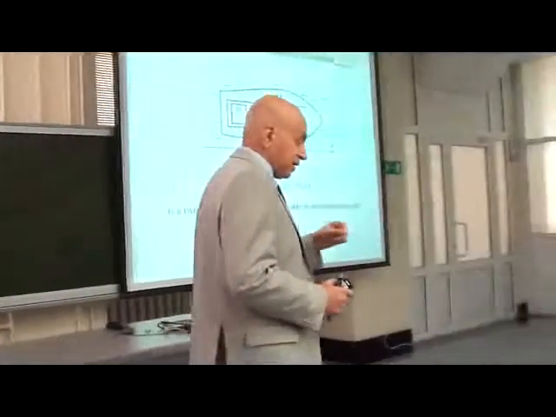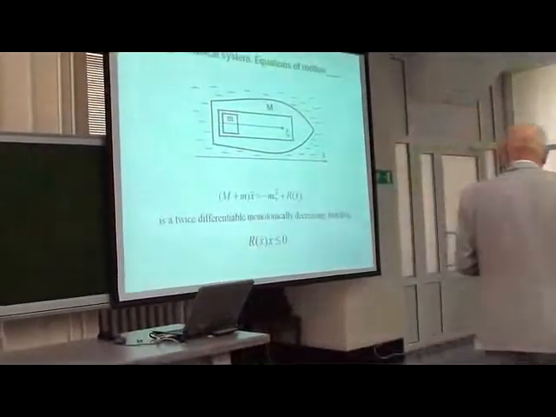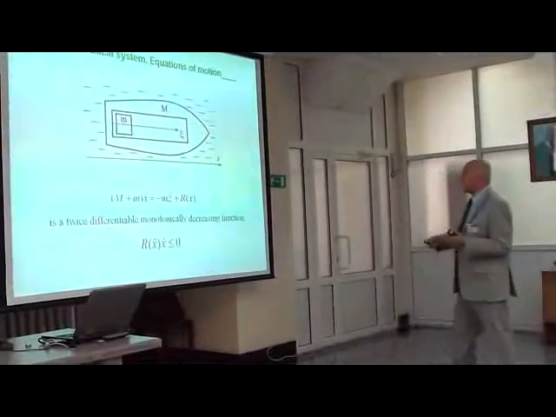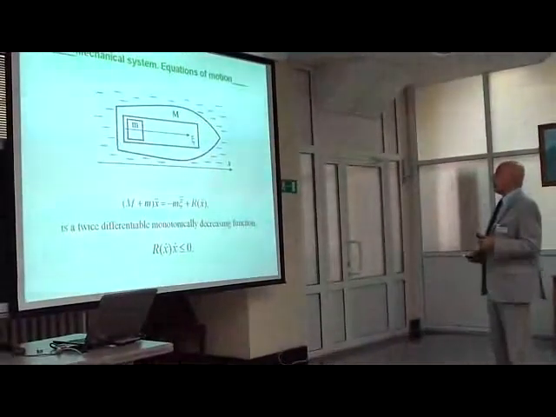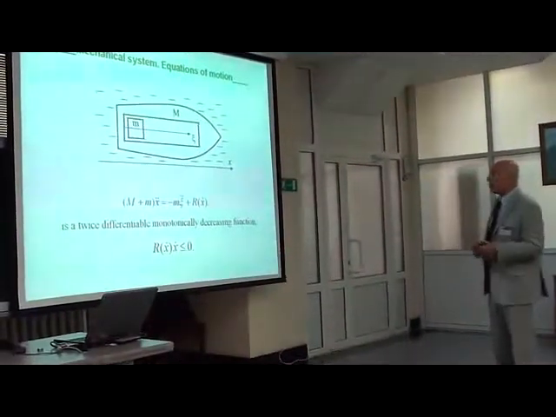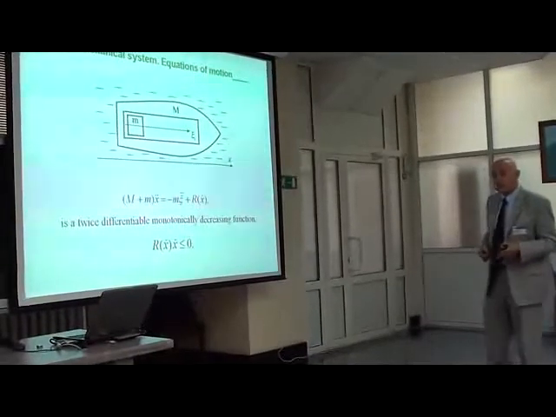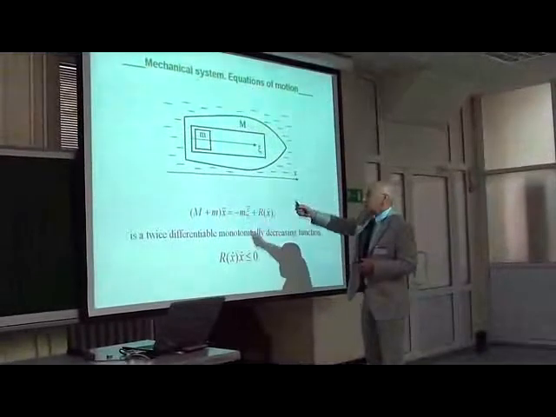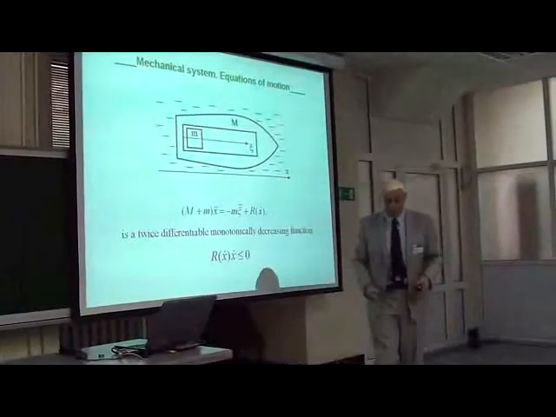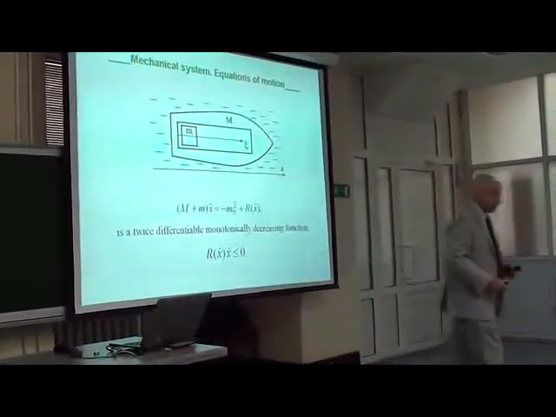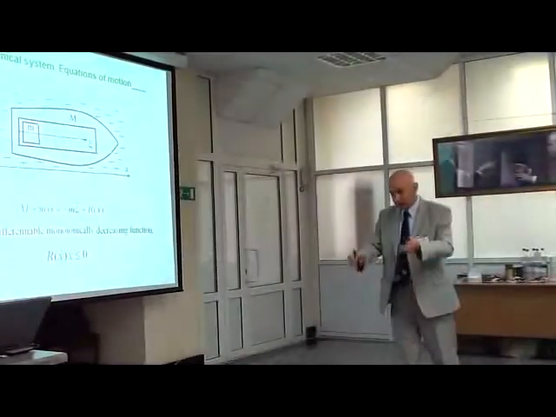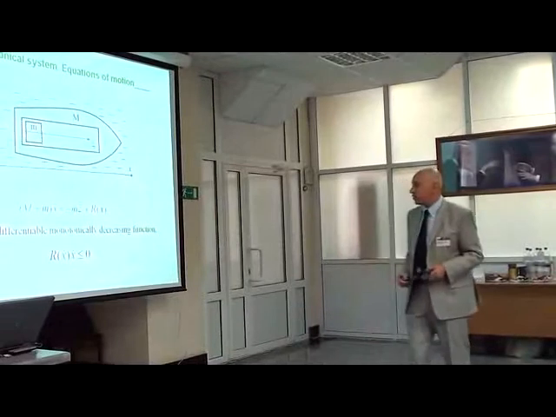It must be separate from the body. We can assume that this is a boat which moves in a fluid. There is no oars, and some person sitting in the boat can only move forward and backward in the boat, and he or she must produce average motion, translation motion of the boat.